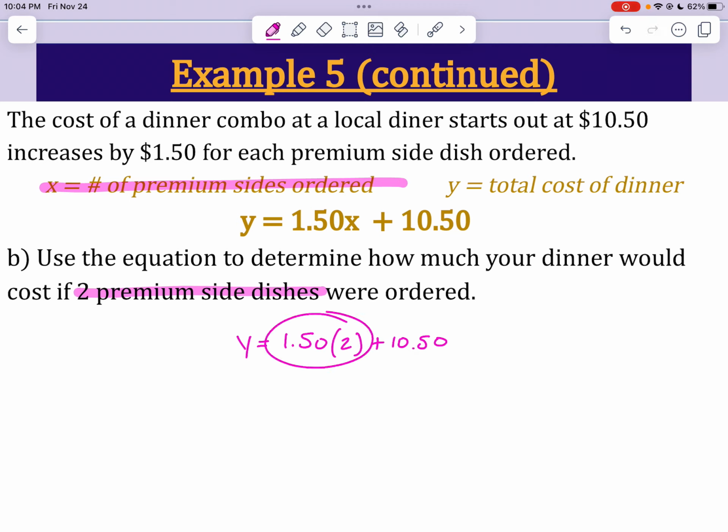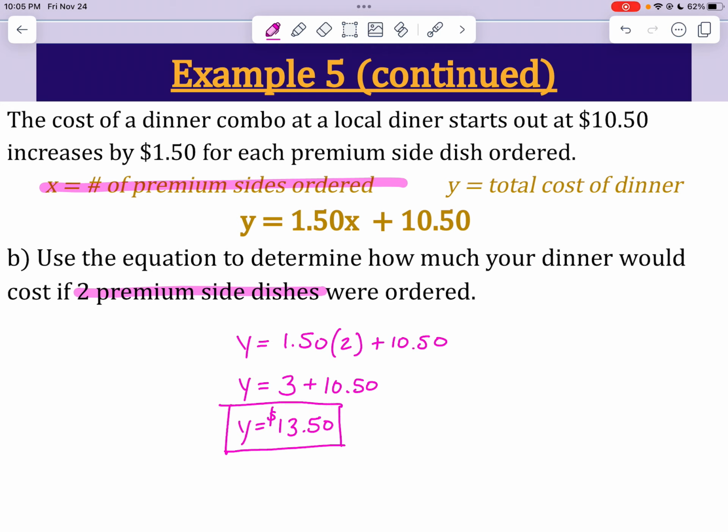So we're paying $10.50. Then we're paying for 2 additional premium sides. So that's $3 total for the additional sides, plus our original bill of $10.50 equals $13.50 as the total bill if we do the dinner combo with 2 premium sides.